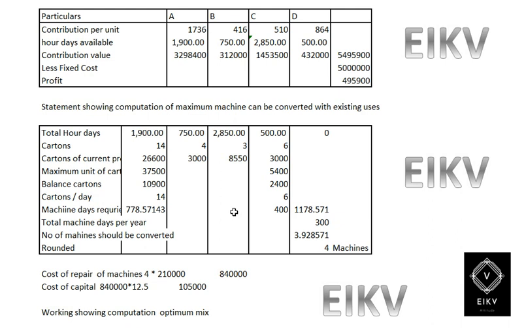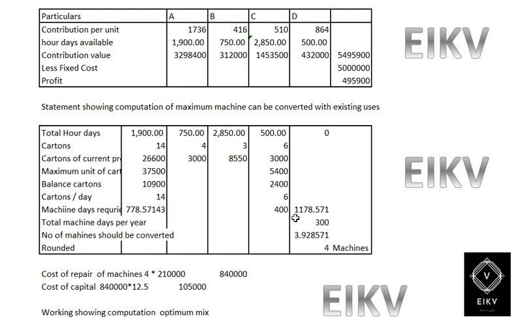When we take the total of these two products, we get 1178.57 days. An excess of 1178 days is required to produce A and C. So this is the limiting factor.